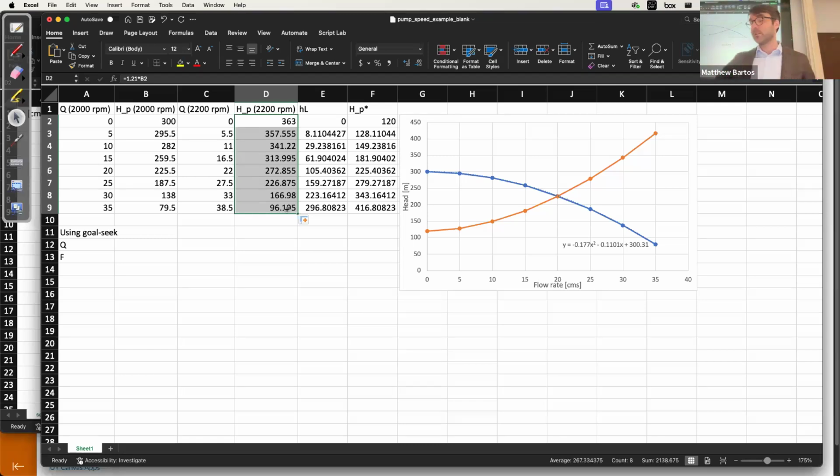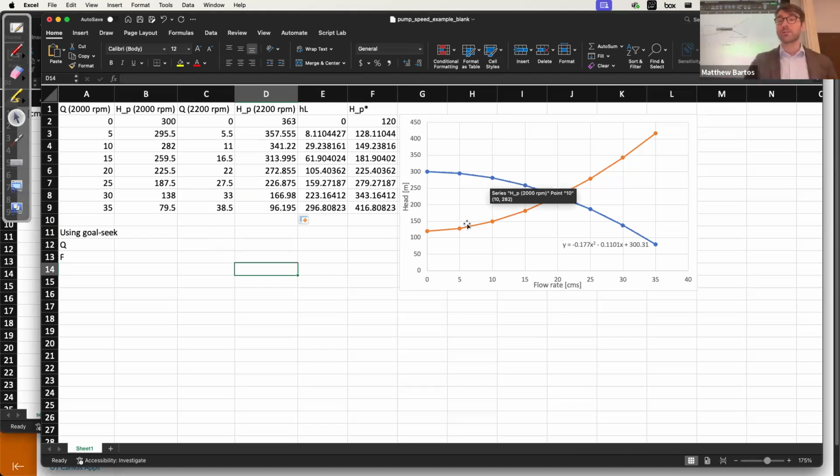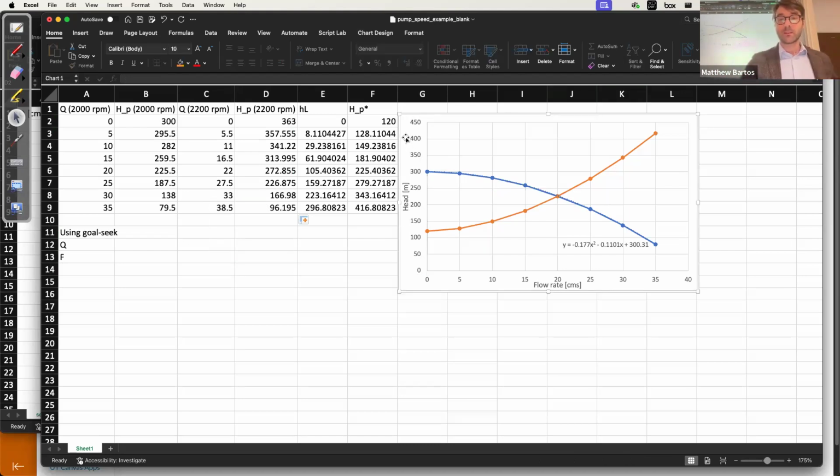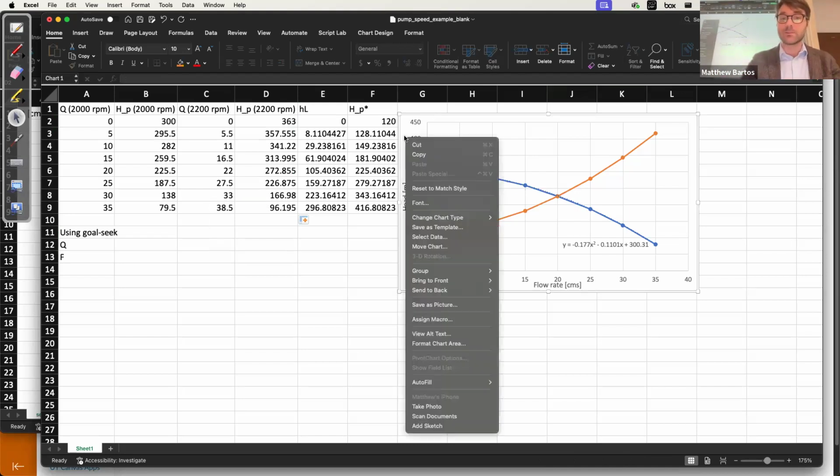So we have here a new pump curve for our pump operating at 2200 RPM. On the plot, the blue line is the original pump curve for 2000 RPM. The orange line is our system head curve, coming from that previous example that I showed you. Let's go ahead and plot our new pump curve for the pump operating at 2200 RPM.